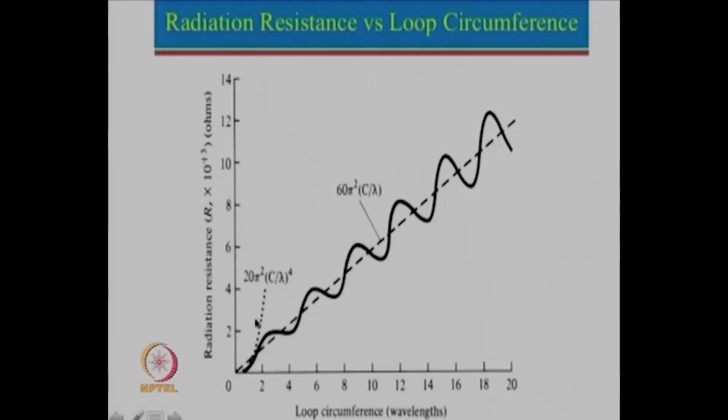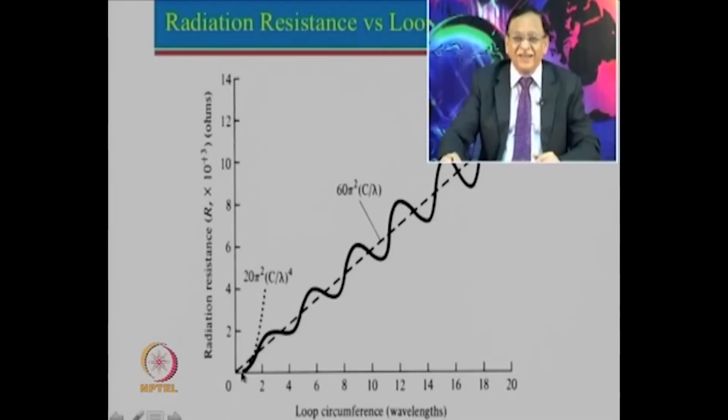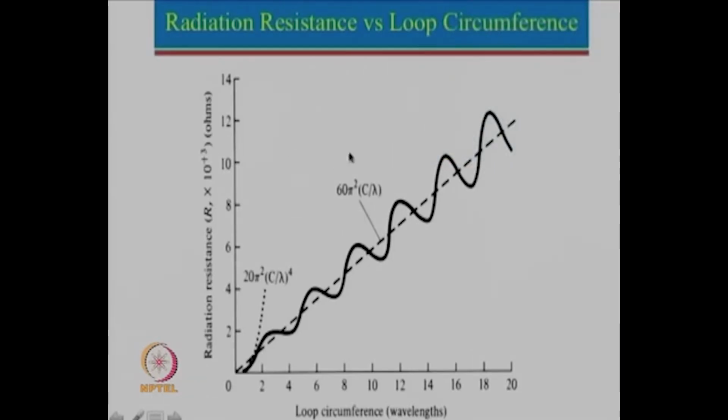One is this equation that is valid for a very small loop antenna, and one can see that for the real value here this approximate formula is matching fairly well, but for a larger loop antenna the expression is given by this 60 pi square C by lambda. And again I want to repeat that most of the time you do not use a large loop antenna, generally you use a small loop antenna. So this expression is relatively okay, and this is what you need to use the majority of the time.